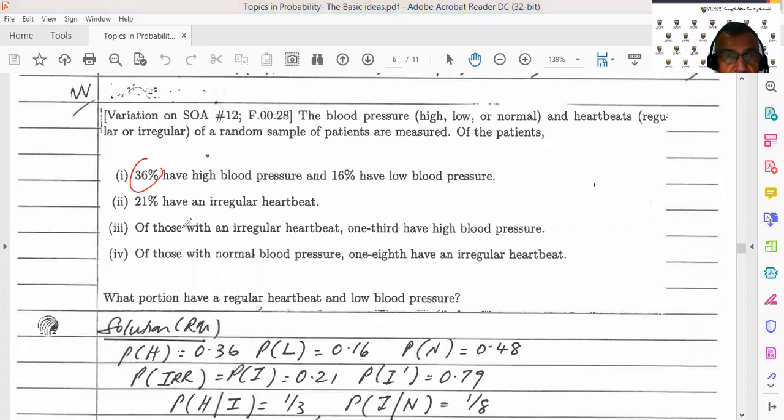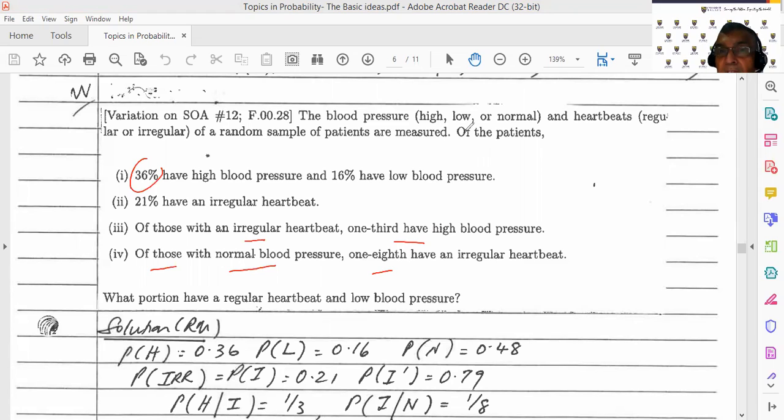And then, be careful, of those with irregular, 1/3 have high blood pressure. That means, given that you have irregular, the chance of having high blood pressure is 1/3. Of those with normal blood pressure, that means given that you have normal blood pressure, the probability of you having irregular heartbeat is 1/8.